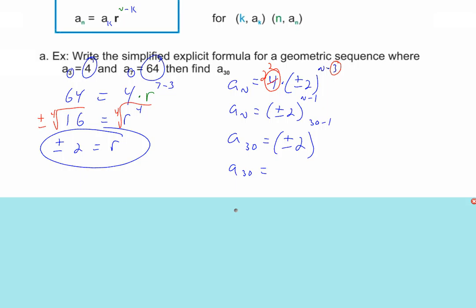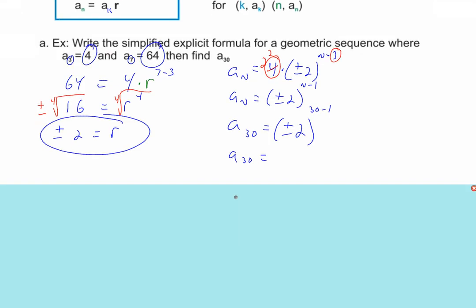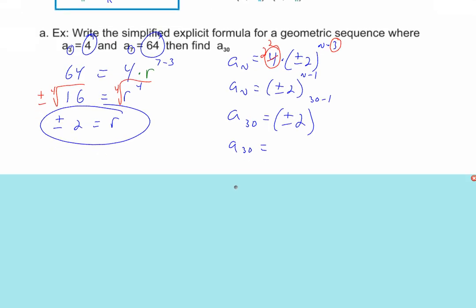Somebody gets it, raise your hand, let me know what you got. What is the value of the 30th term? Just punch it in. What do you got, Alex? 500, say it again for me. 536,870,900. Anybody else concur with that number?